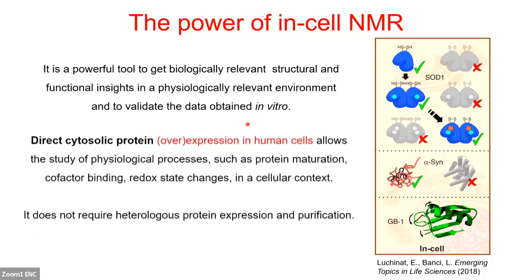And the aspect that we developed in particular, because in-cell NMR, I think, means high resolution NMR of macromolecules inside living cells. So you put living cells in the NMR tube and in the NMR instrument, and you collect the NMR spectra.